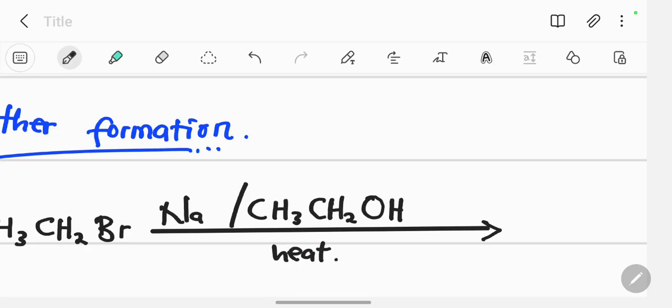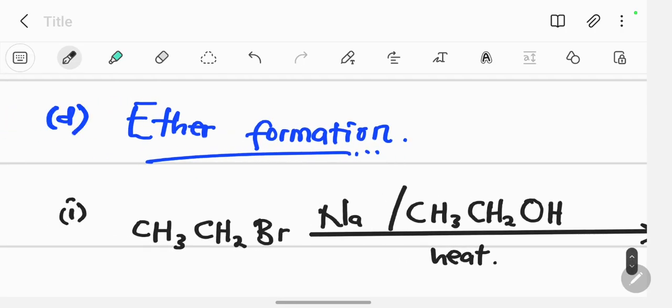What do I form? This reaction is very specific for such alkyl halides, short chain alkyl halides and primary alkyl halides. They are always going to form ether, and the reagent is potassium hydroxide or sodium in the presence of an alcohol.